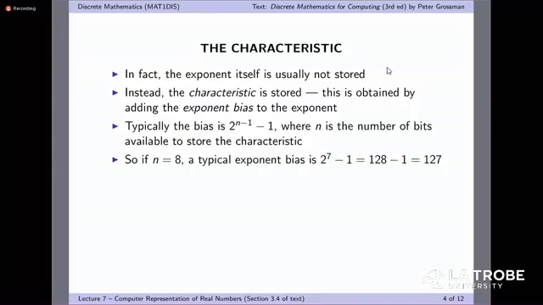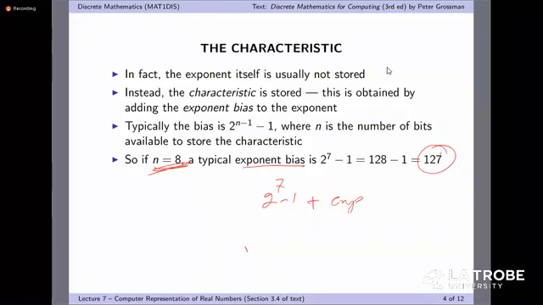What that means is, if I have 8 bits available for the exponent, I would add the exponent bias to that exponent. In other words, I would add 2 to the power 7 minus 1 plus the exponent, whatever the exponent is.